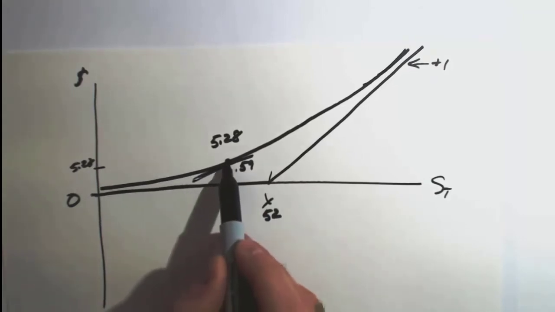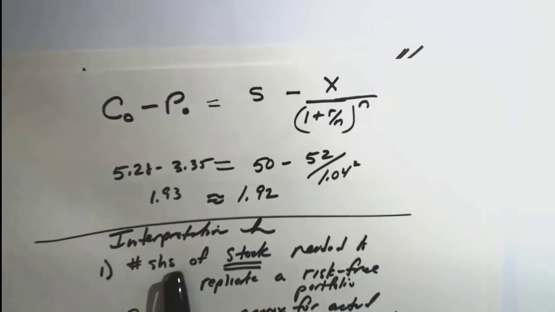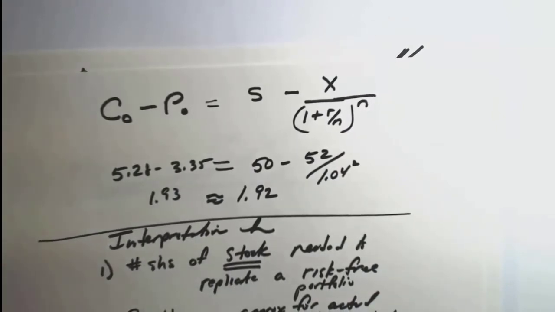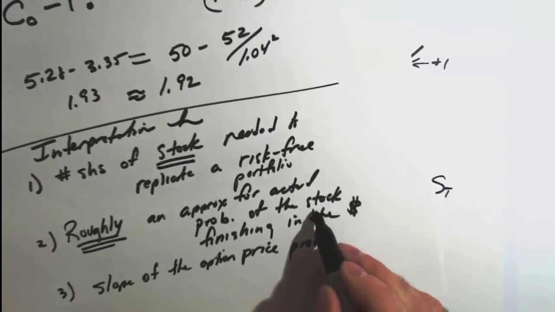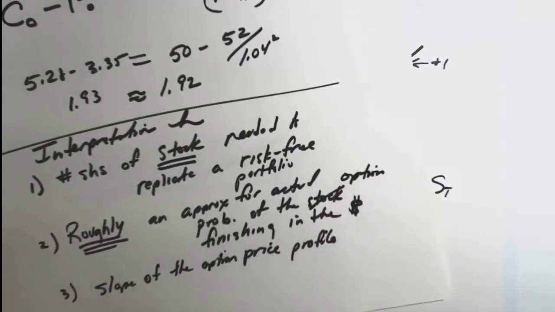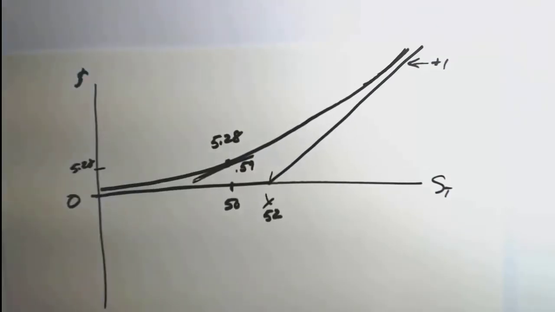So there you have it, three neat interpretations. It's the number of shares for replication of the stock. It's roughly an approximation for the probability of the option finishing in the money. And then it's the slope of the option price profile.